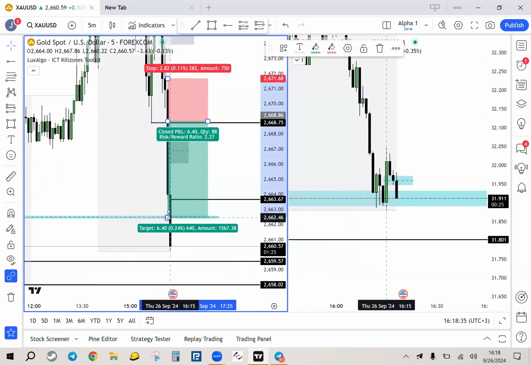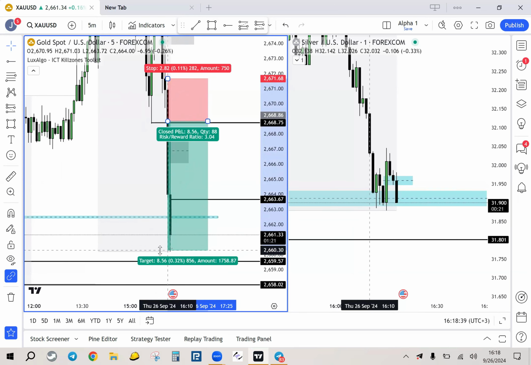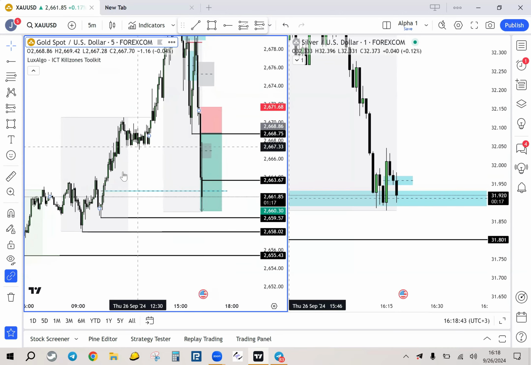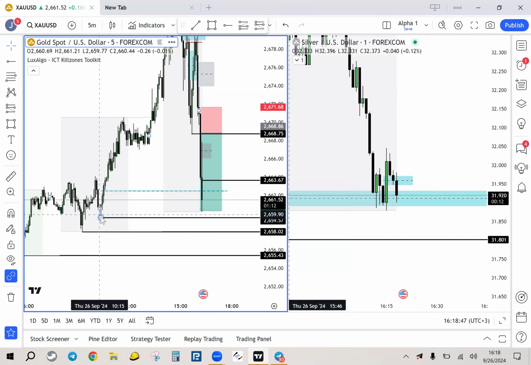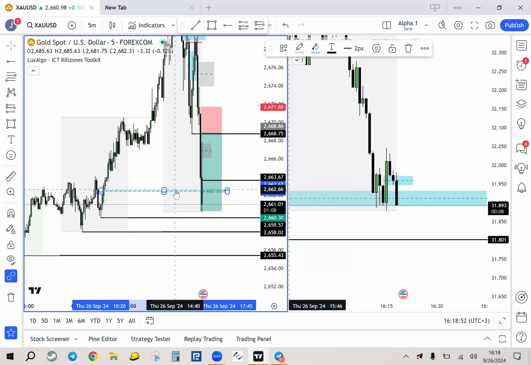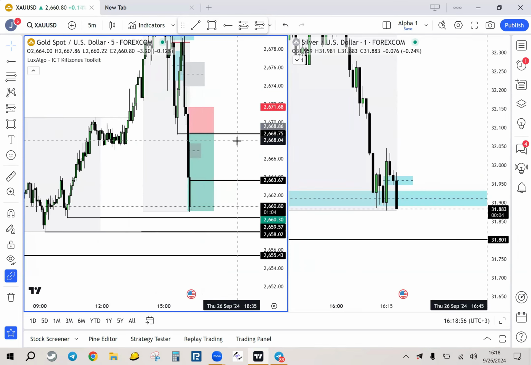So till here we had a 2R and 3R, getting very, very close to this intermediary swing low, this one. The good part is that we are smashing through the higher time frame fair value gaps.